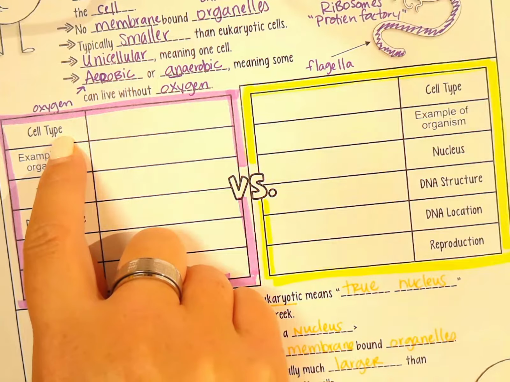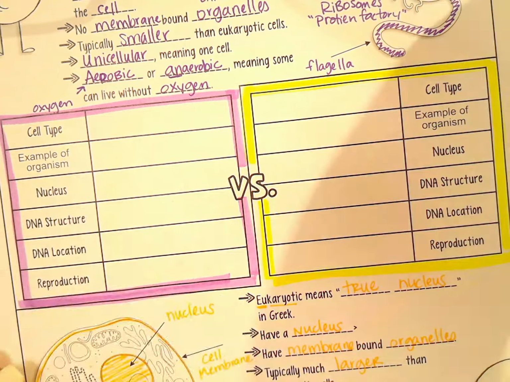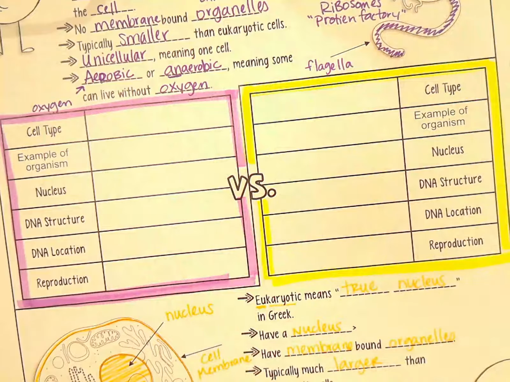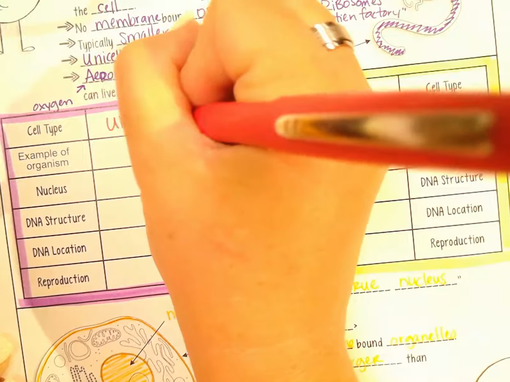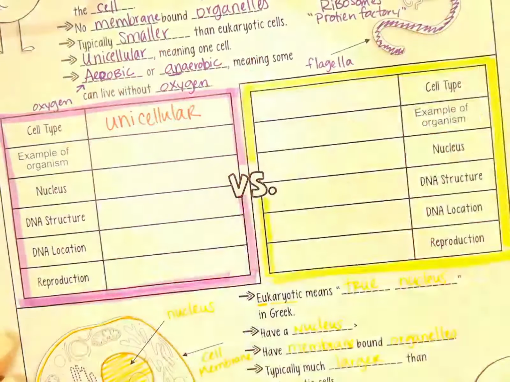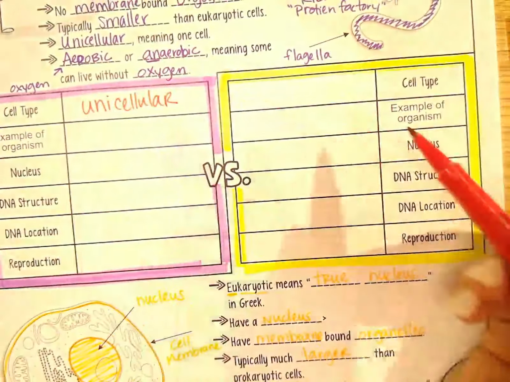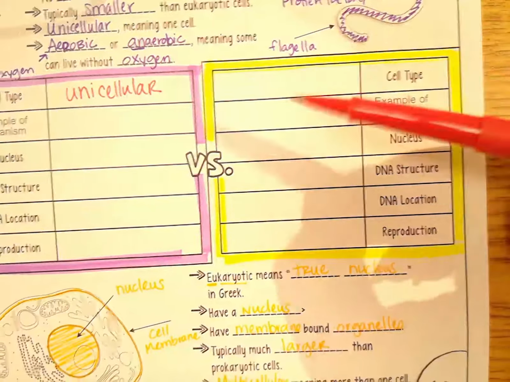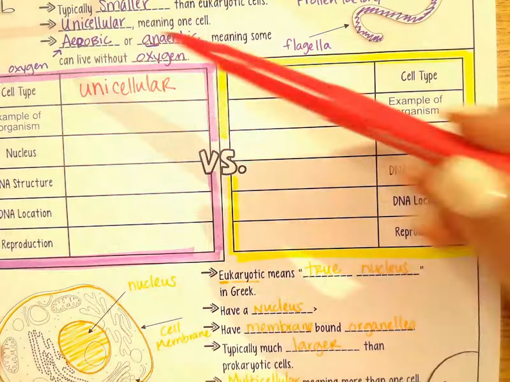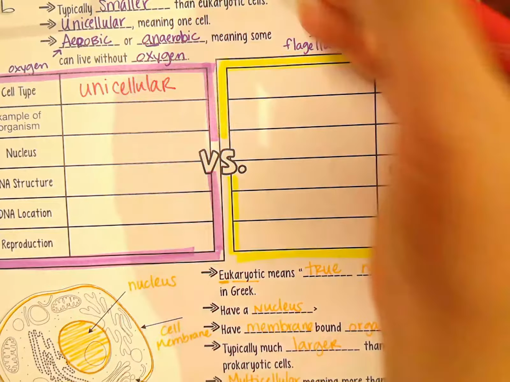Our prokaryotic cells, are they going to be multicellular or unicellular? They're going to be unicellular, right? They're single-celled organisms. We can look back in the stuff that I just went over with you to help you, right? So prokaryotic, unicellular, and eukaryotic are going to be multicellular.